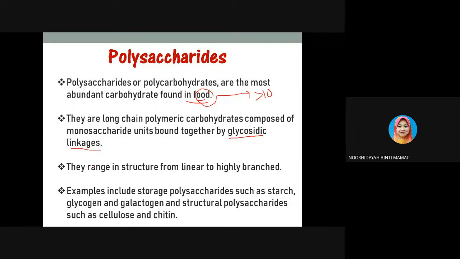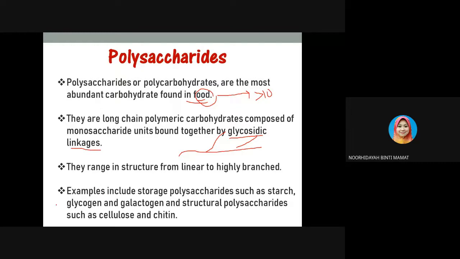They range in structure from linear to highly branched. Either one linear chain or they can be branched. Polysaccharides are what we call complex carbohydrates. They play vital energy storage and structural roles in living organisms, making carbohydrates the most important biomolecules.